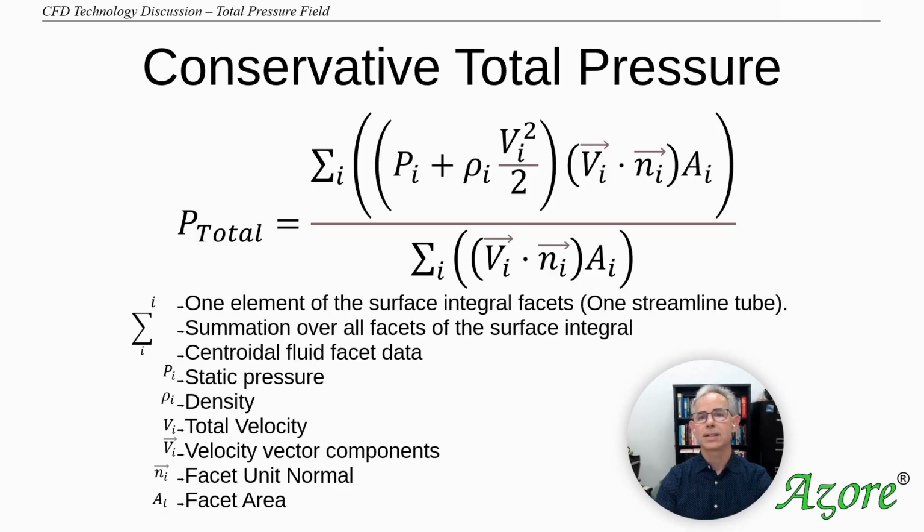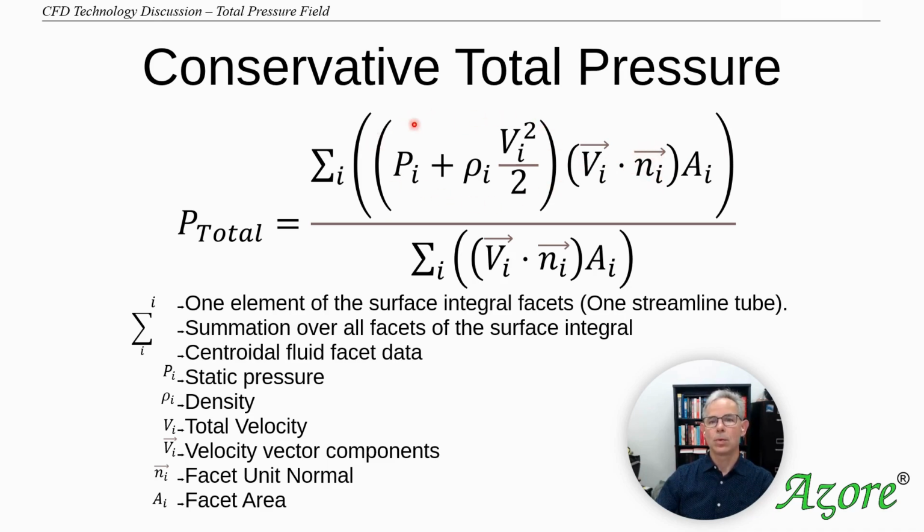So here is the averaging technique that is used for total pressure. Here is our total pressure term, but the averaging takes into account the area. We have a faceted geometry that we're extracting information on. And so we have an area and we have the velocity dotted with the normal of that surface.